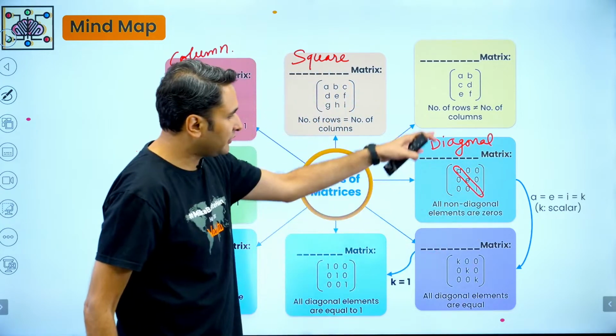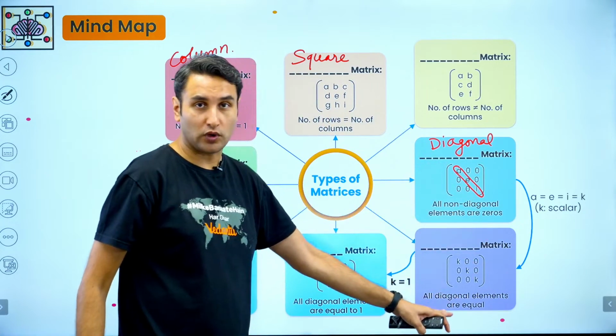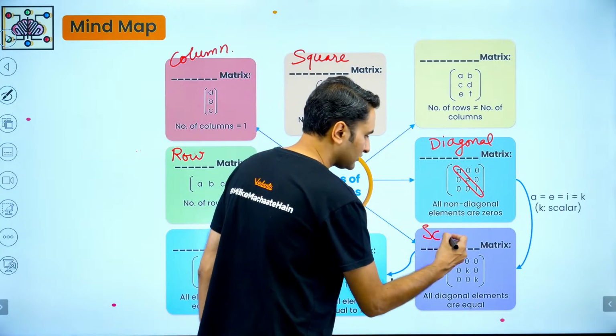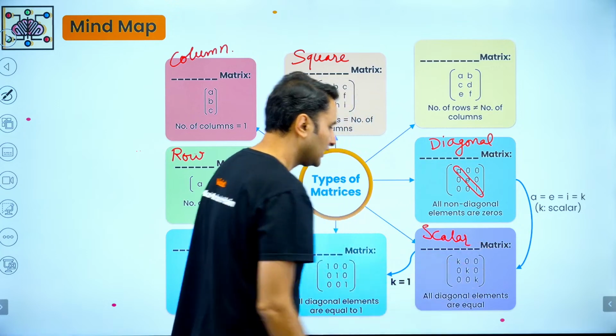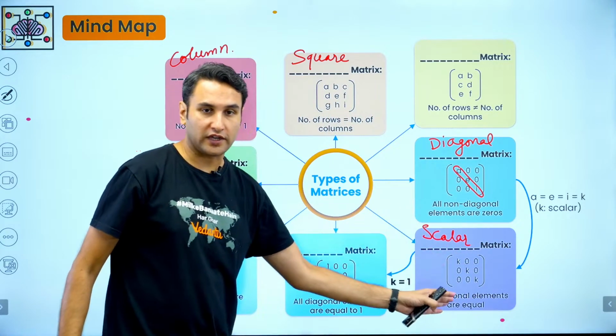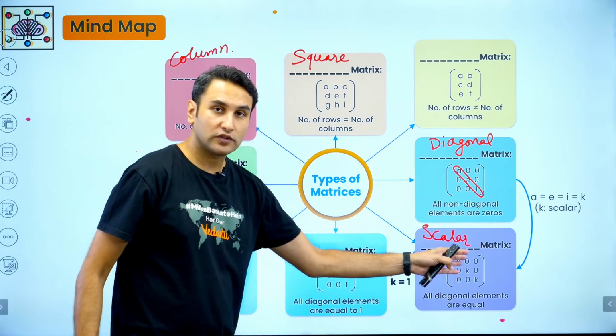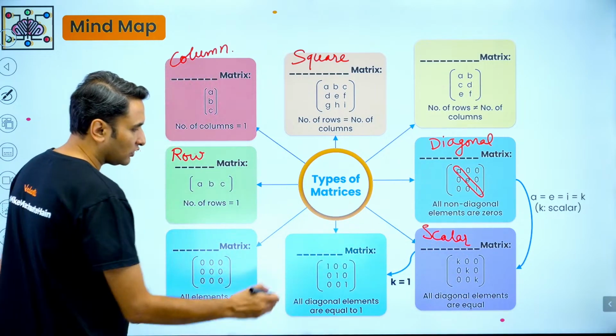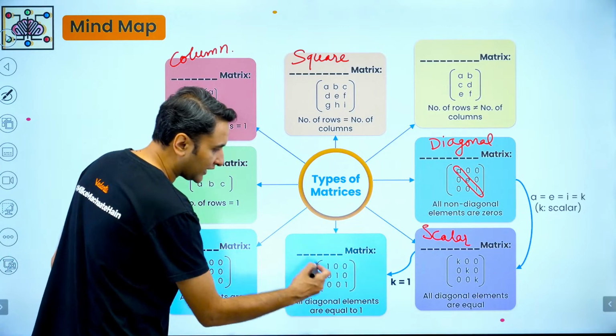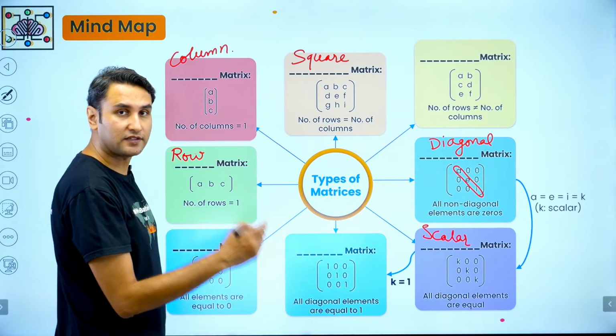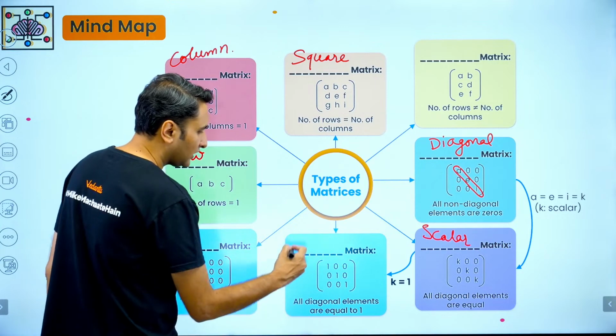But in the diagonal matrix, if all the elements become equal, we call it a scalar matrix. If the value k in the scalar matrix is 1, or in simple words, if all the diagonal elements take value 1, we call it an identity matrix.